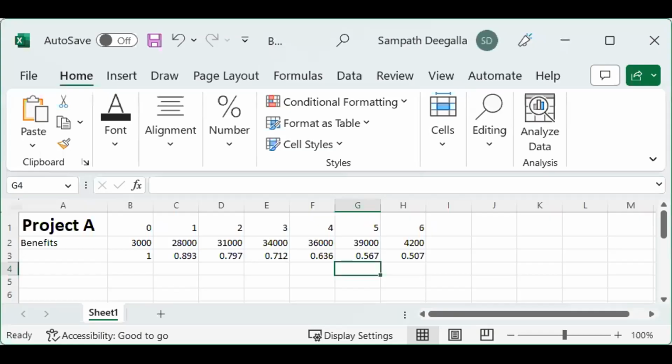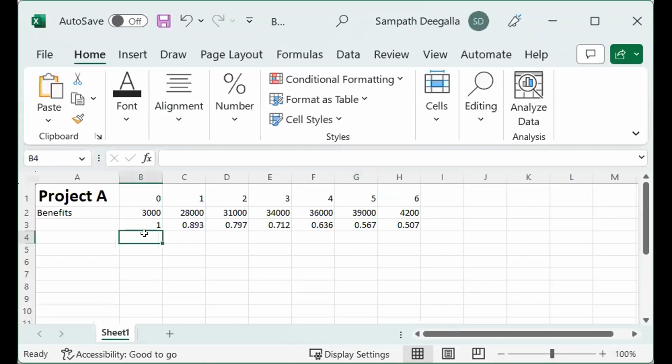Right. Now that we have this information, we'll calculate the present value.